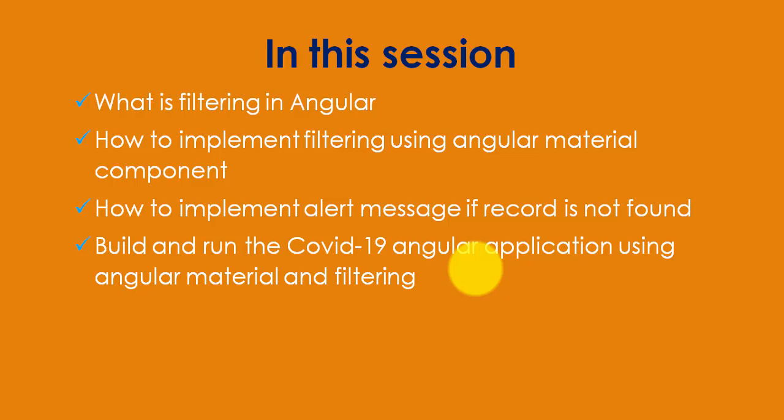So in this session I'll show how to filter records in Angular material. The main aim of using a filter is for filtering specific records in Angular material. Before going through this session, visit my previous session on how to add a sorting mechanism in Angular material.